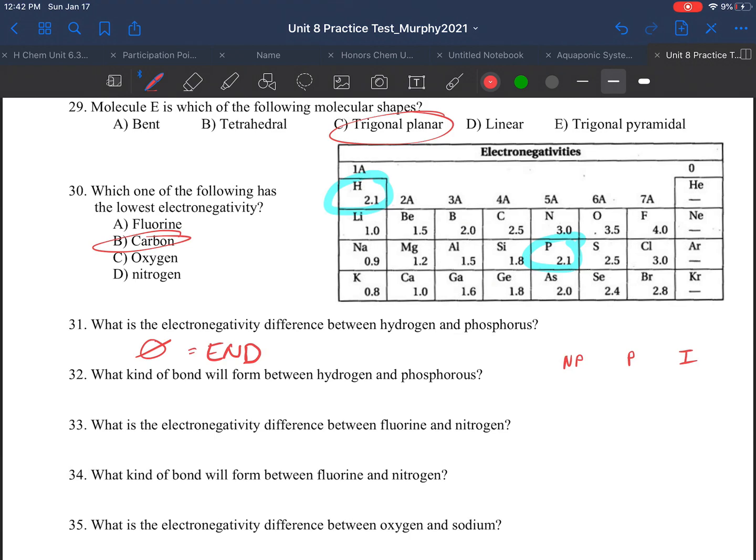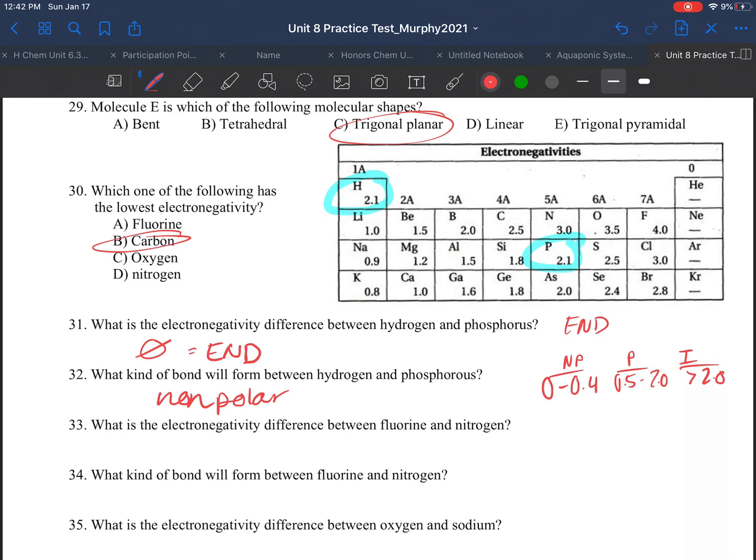I'm going to put out the range: remember, nonpolar goes from 0 to 0.4, polar is 0.5 to 2.0, and ionic is greater than 2.0. So recall, these are our electronegativity differences here, and 0 falls under nonpolar. So that is the answer to 32 here.